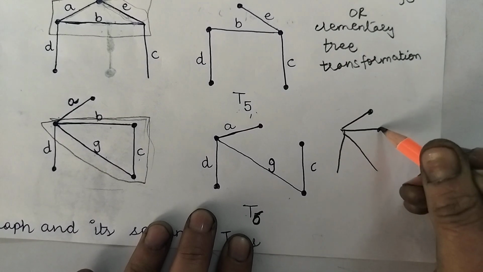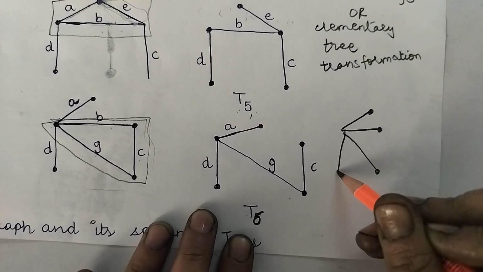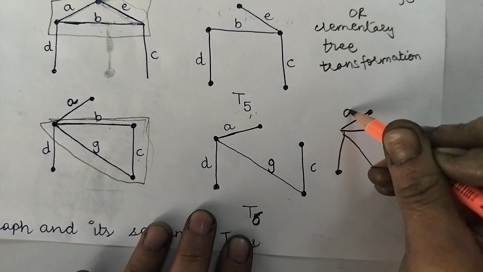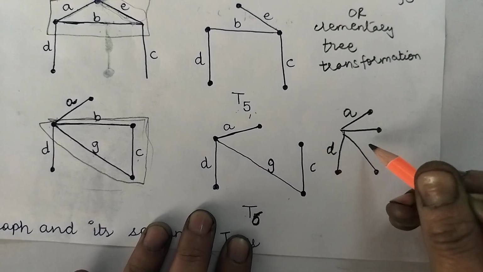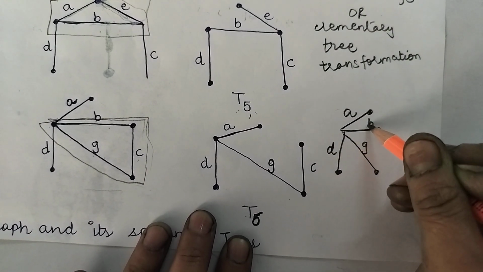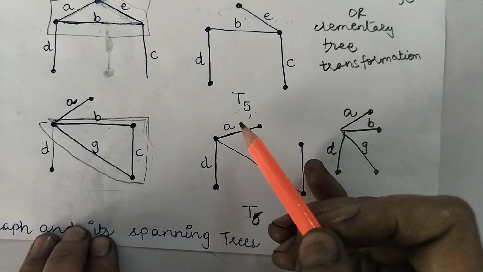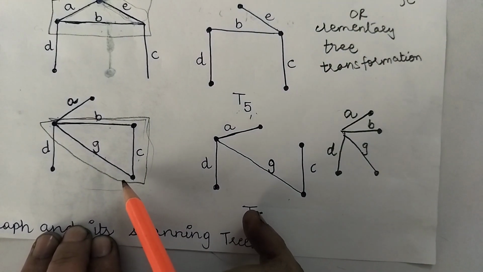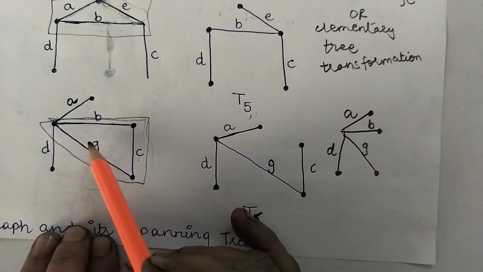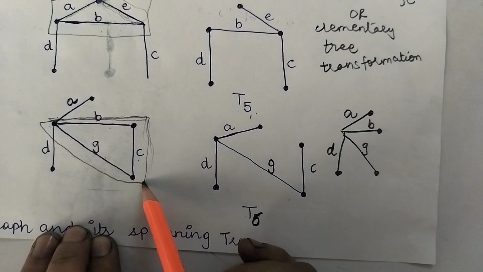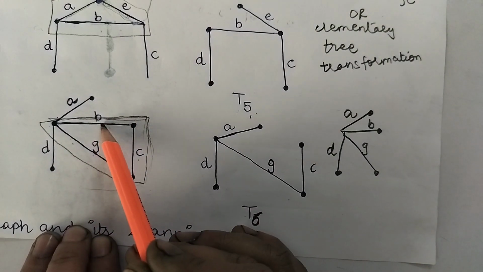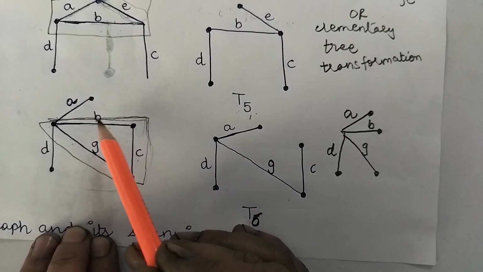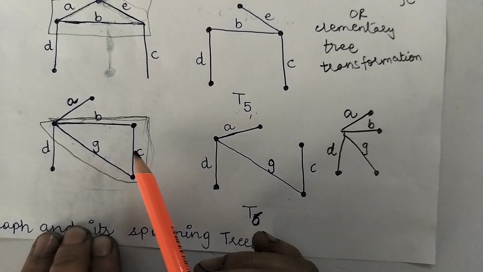Remember, you have to remove the branches only from the fundamental circuit and nowhere else. First of all, you have to add a chord to the spanning tree. After adding a chord, a fundamental circuit will be formed, and then you have to remove an appropriate branch from this fundamental circuit only and nowhere else.